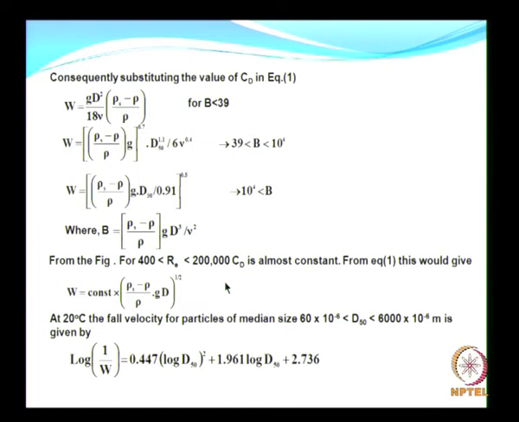There are other types of representation, as given in the bottom equation in terms of log, wherein in order to determine the fall velocity, what you need is only the grain size.